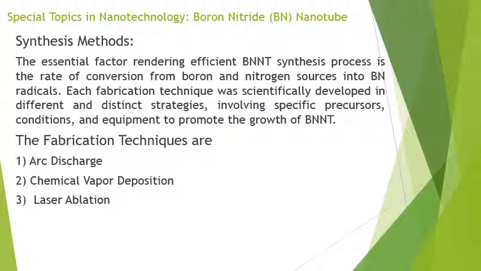Now in 1995 it was first seen that boron nitride nanotube was accidentally found in arc discharge. In that case, a boron nitride rod as a precursor for nanotube synthesis was inserted into a hollow tungsten anode electrode.